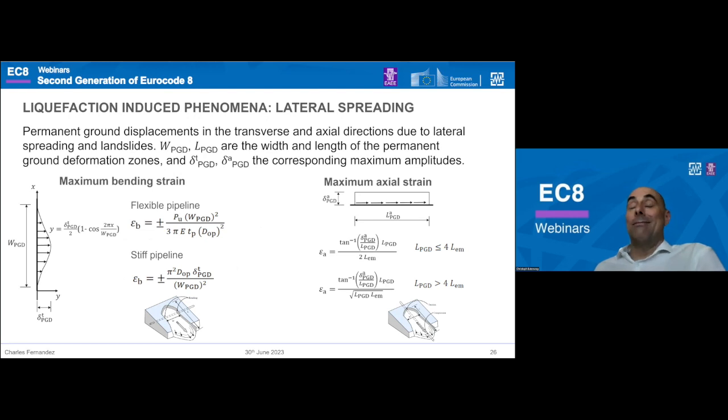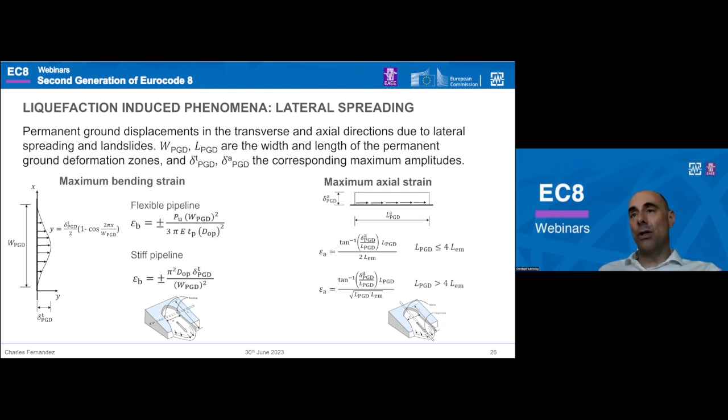Okay, how can we calculate the bending stresses? We need to have at least the width and length of the permanent ground deformation zone. And we need also the amplitudes. And then we can apply this static displacement as a function to our straight pipeline. So this has to be done perpendicular to the pipeline to calculate the bending stresses for the pipeline.